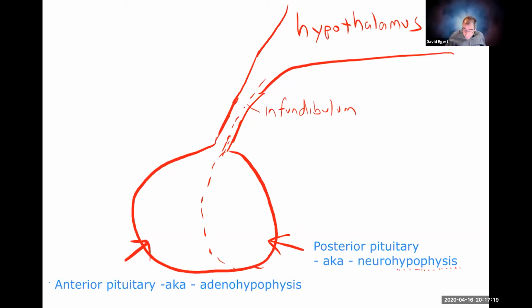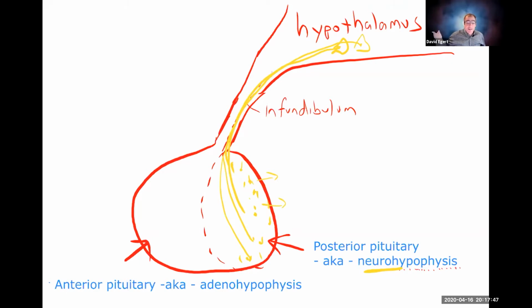As you can get from its name, neurohypophysis, the posterior pituitary is actually derived from nervous tissue. There are neurons in the hypothalamus that send axons all the way down to here. And basically, as those axons fire and release stuff, that's actually what is releasing the hormone.